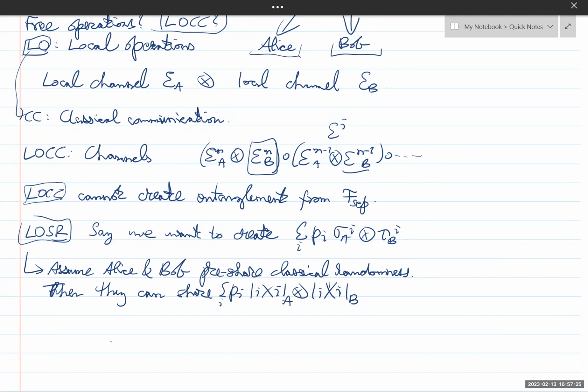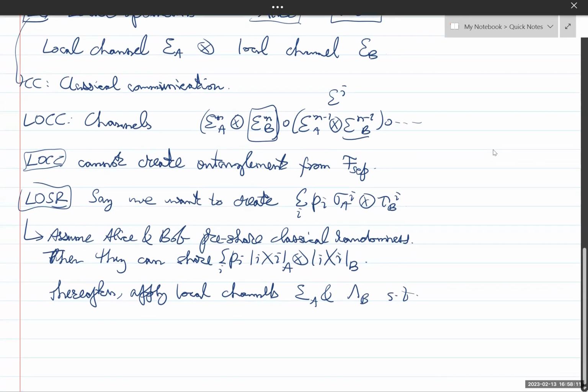Yeah. So they can pre-share this classical information, and then go to their respective labs and thereafter apply local channels, E_A and lambda_B, such that these i's get mapped to the right states, right?